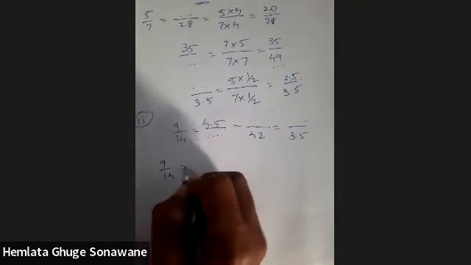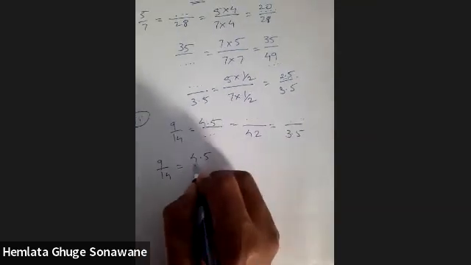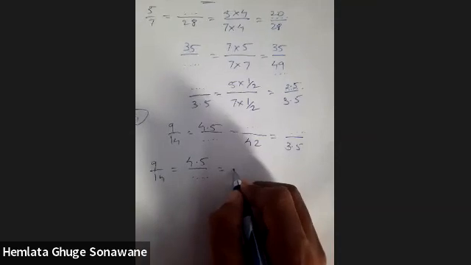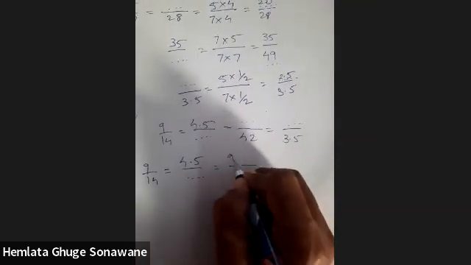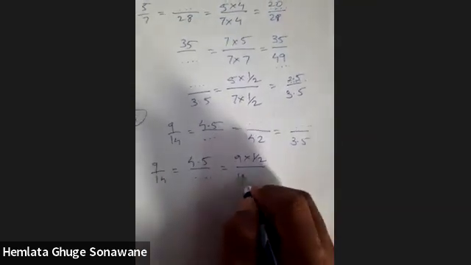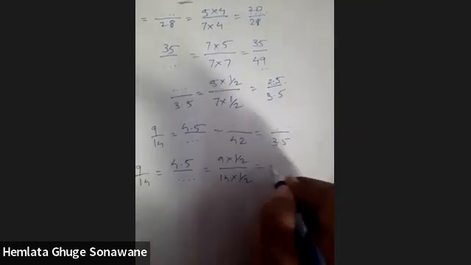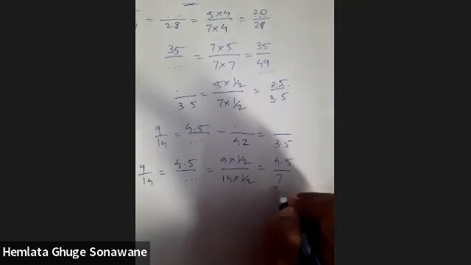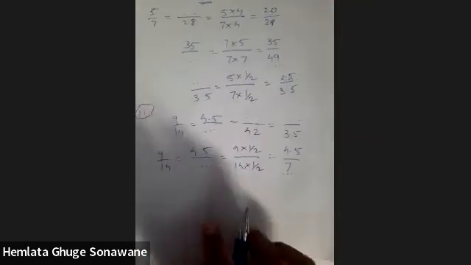Now it's 9 upon 14. First is 4.5 upon fill in the blank. Now this 4.5 is half of the 9. So here also we'll do half of the 14. So half of the 14 is 7. This is our answer.